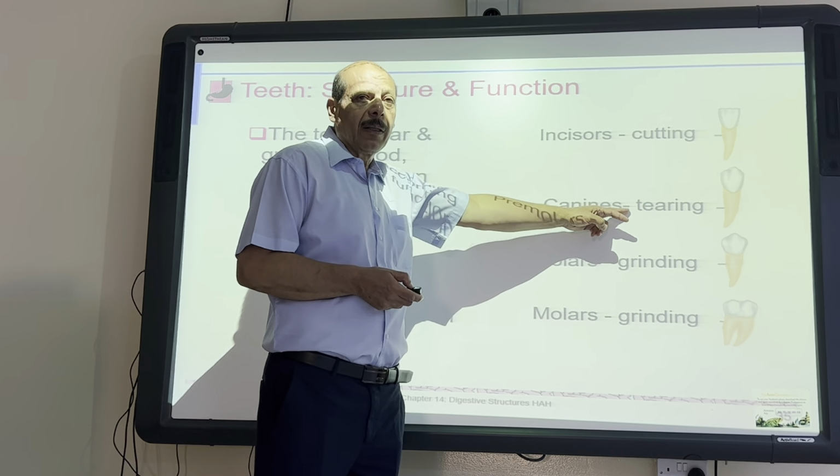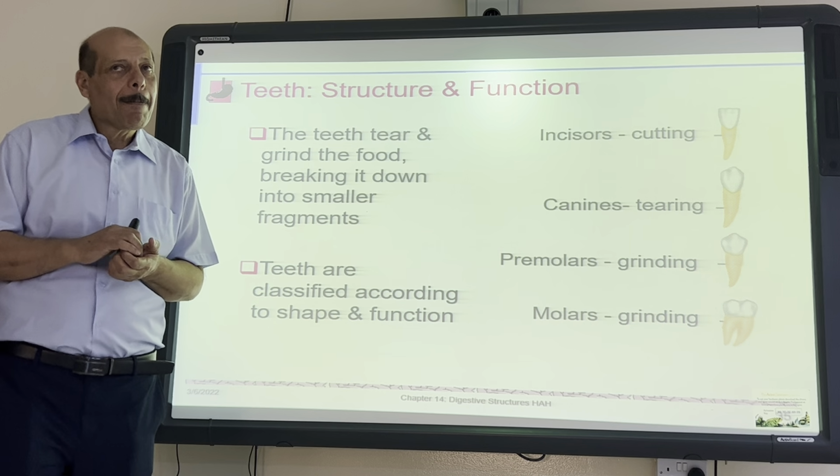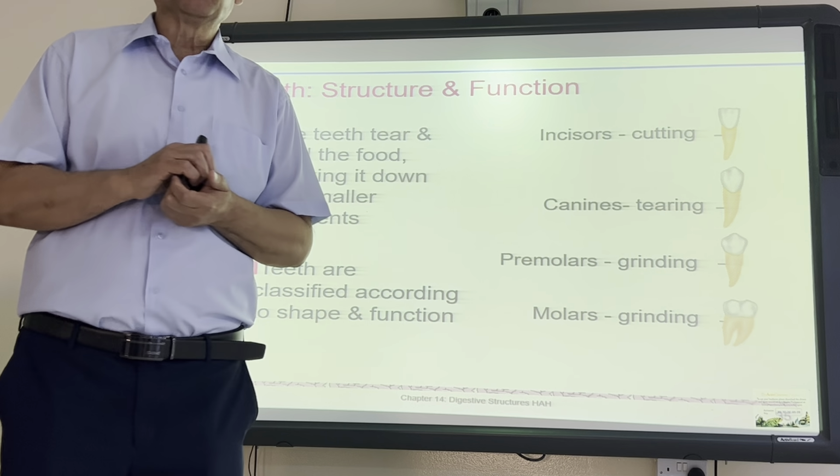How many teeth are there in total for an adult? 32. Yes.